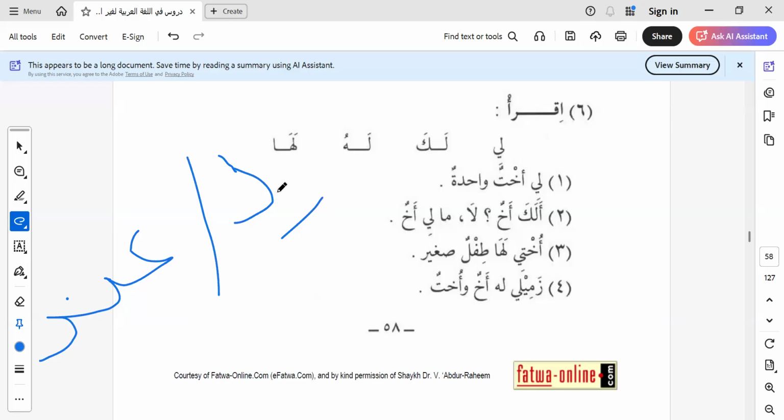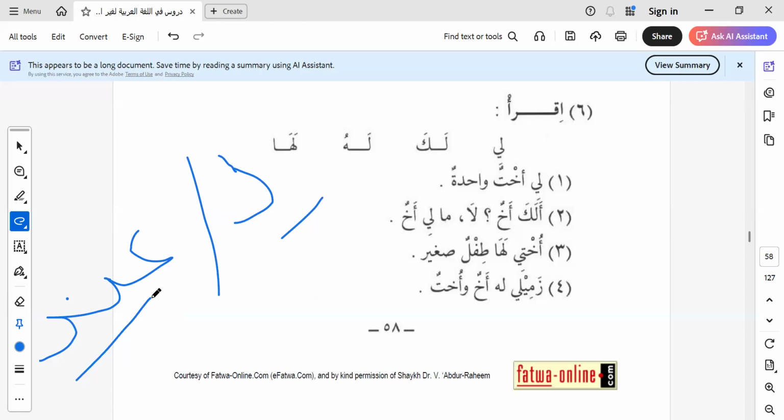Things that are important and have life, rational things. But things that have no life, like your car, your pen, your book, the moment they are in your possession, you use inda. So I have a brother, li akhun, but I have a book, you say indi kitabun. Is that taken?